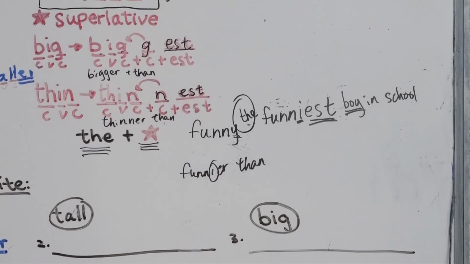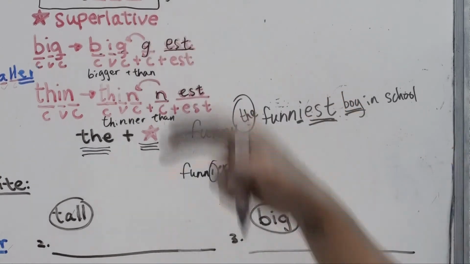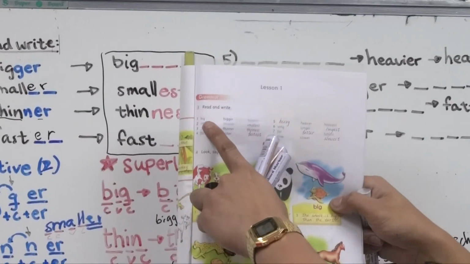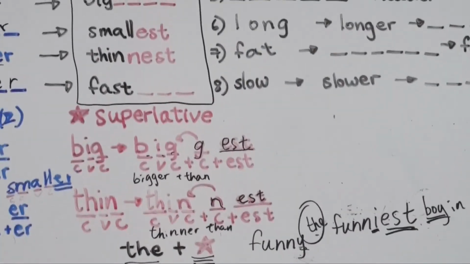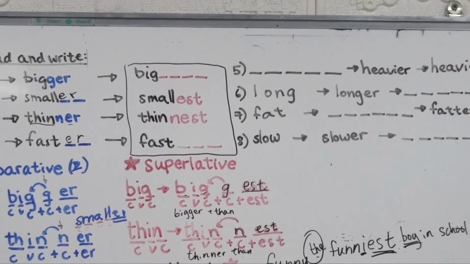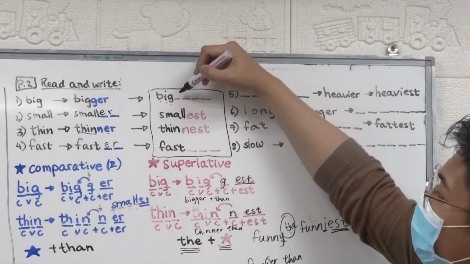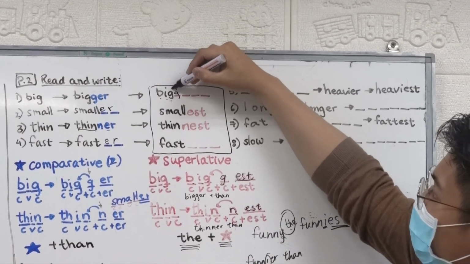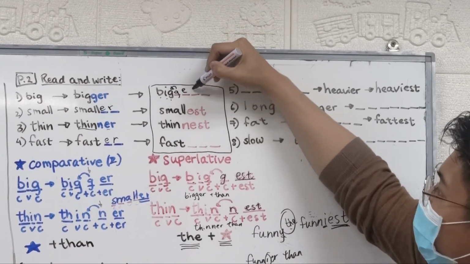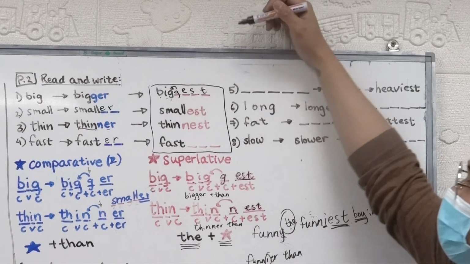Okay? Understand? Alright, if you can understand this one, let's try to do the box over here, okay? Same as your book over here. Big, bigger, biggest. Biggest, right? Pay attention. So because we have CVC, we need to put another C, which is G, right? Follow the last one. And then EST, right?